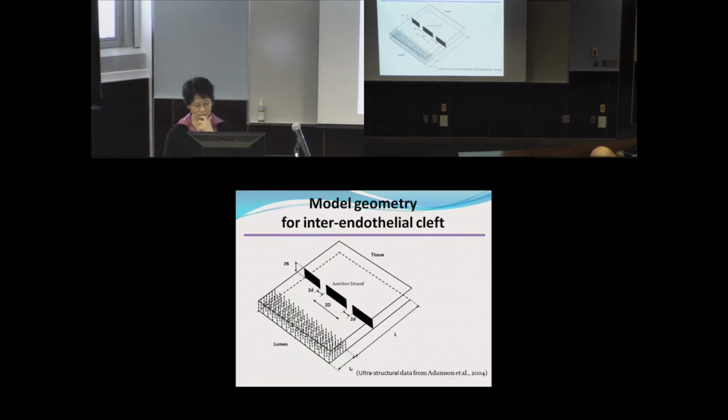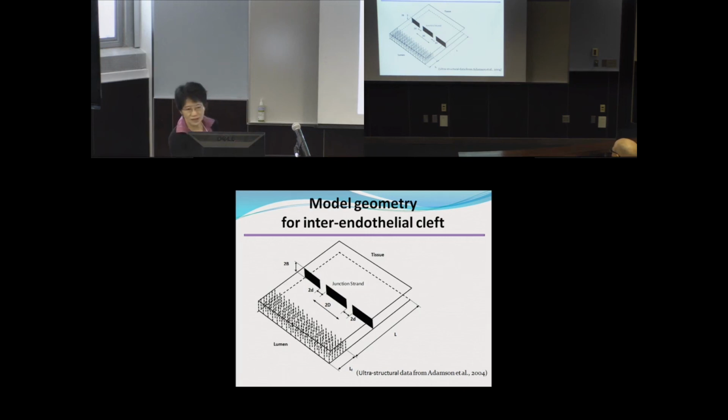Okay, now I show you the part on mathematical modeling. For water and hydrophilic solutes, people find 90% of them will go across the microvessel wall through the interendothelial cleft. That's the gap between one endothelial cell and another one.